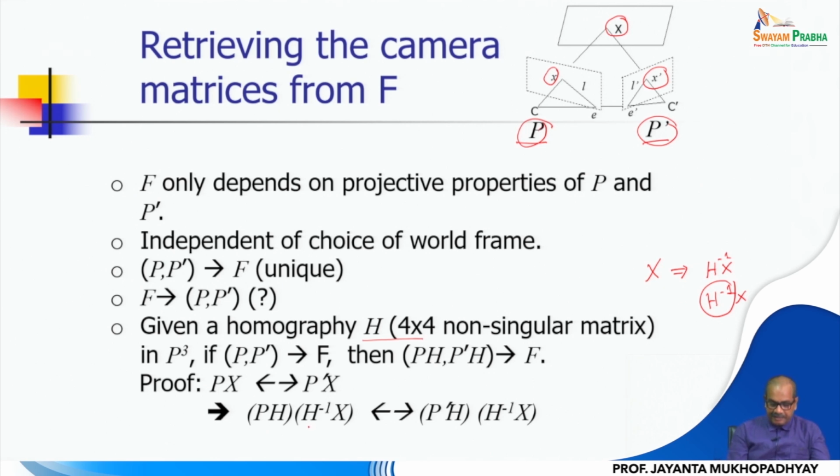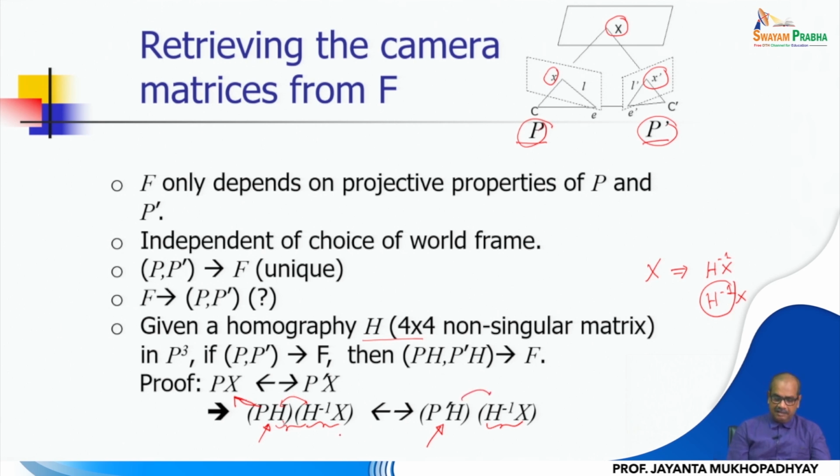Now you can see that for the same scene point, if I take the camera projection matrices as P into H and P prime into H, by doing the matrix multiplication, this is equivalent to Px, because H and H inverse become the identity matrix in both cases.